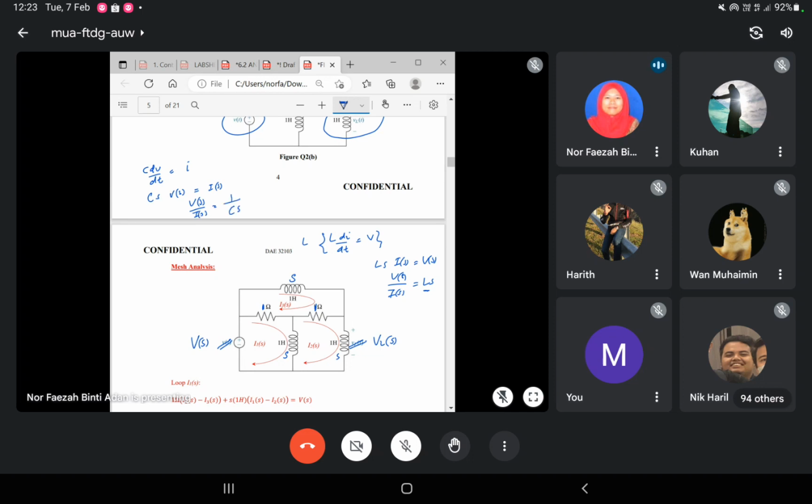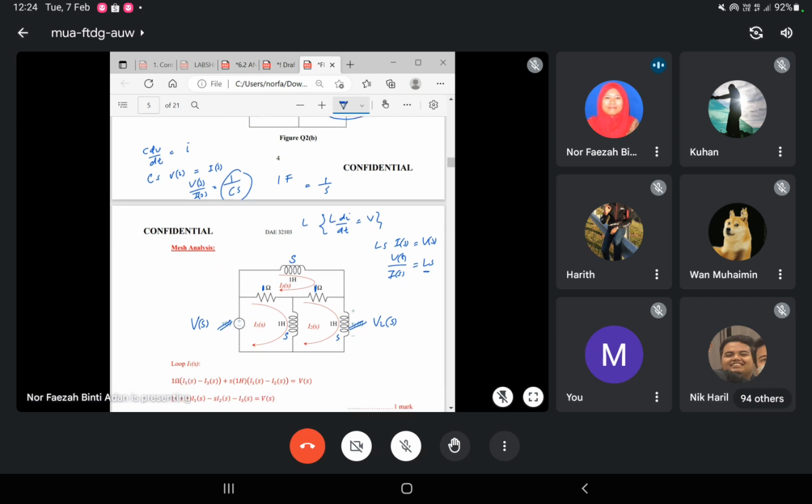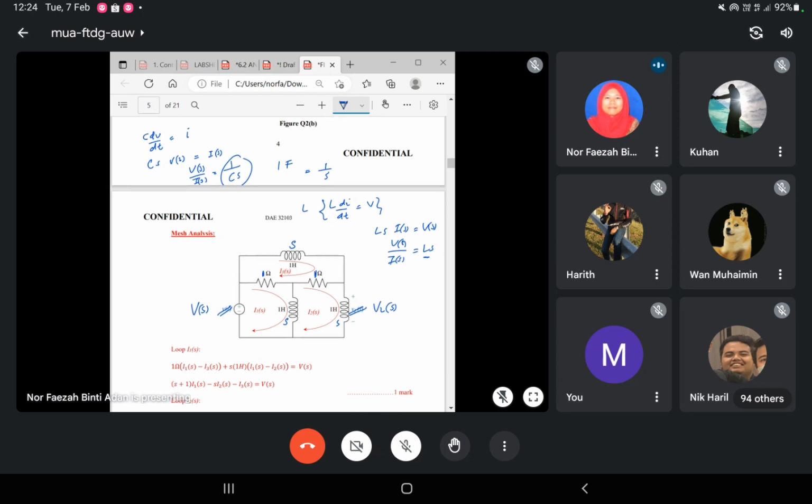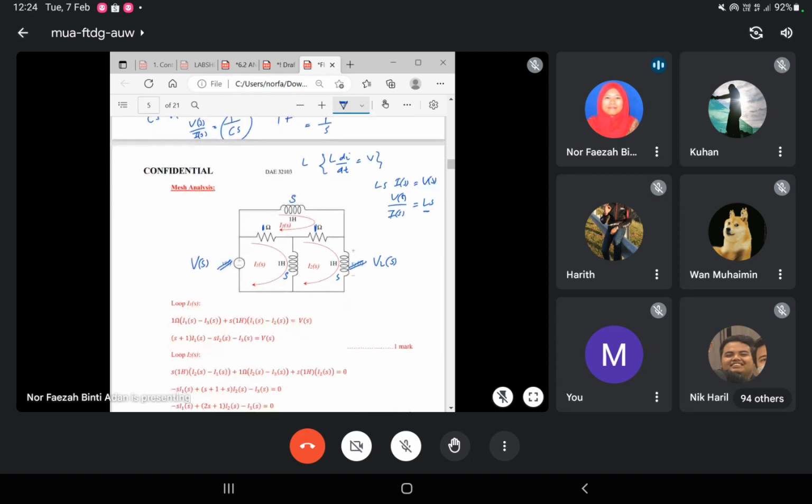So impedance untuk capacitor, when you convert it into S domain, dia akan jadi 1 over CS. Kalau capacitance value tu katakanlah 1 farad, 1F, you convert it into S domain, you akan jadi 1 over S. So ni untuk capacitor. Untuk inductor dia akan jadi LS.